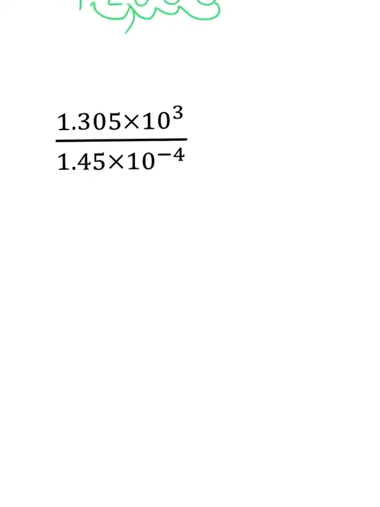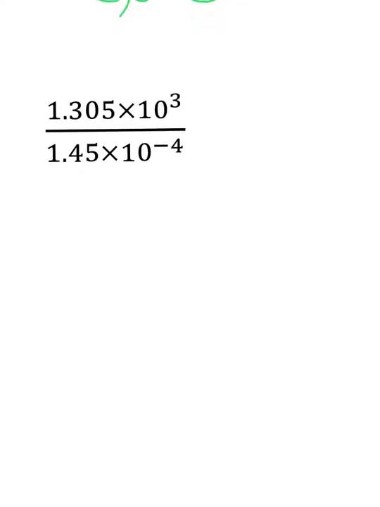Okay, let's look at this one down here now. We have 1.305 times 10 to the 3rd divided by 1.45 times 10 to the negative 4th. Well, we can divide those coefficients, right? We have 1.305 divided by 1.45. That will give us 0.9. Maybe I'll put that in there.